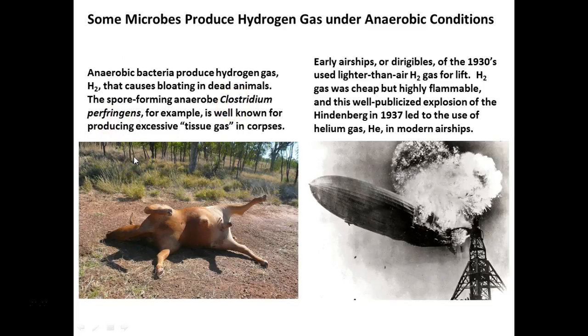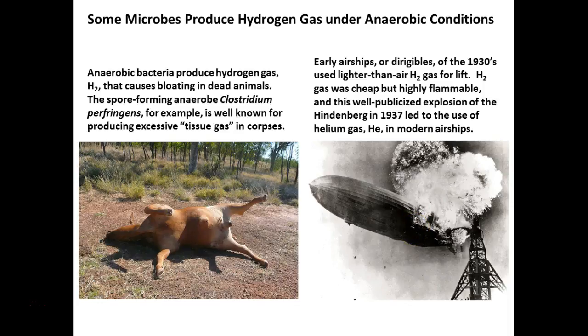This one's a spore former, found in the environment, so it can get into the intestines. It usually doesn't germinate, but when the animal dies, it becomes anaerobic, and then it starts breaking down the animal, and it produces the hydrogen gas and the carbon dioxide gas, which causes the bloat that will happen to the animals.